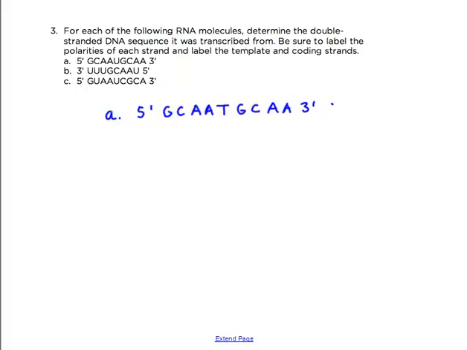So this was the coding strand. Okay? And antiparallel, the other part of this double helix in DNA, is going to run 3', C, G, T, T, A, C, G, T, T, 5'. So this was the template strand.